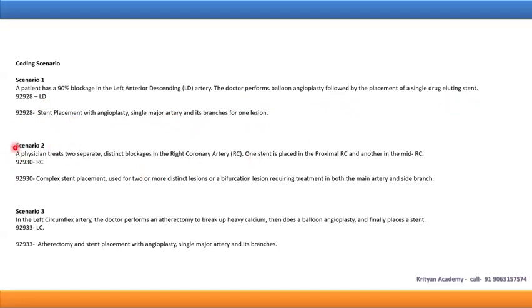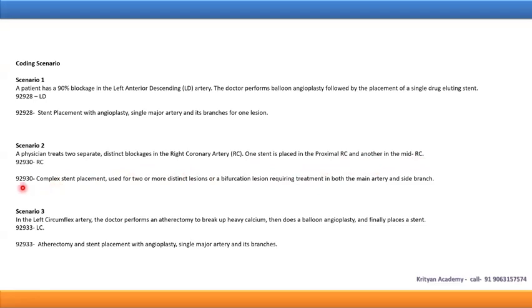In scenario number 2, a physician treats two separate distinct blockages in the right coronary artery. One stent is placed in the proximal right coronary and another in the mid right coronary. So two different blocks are there now. This is nothing but complex stent placement only.